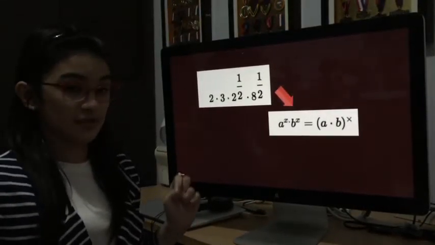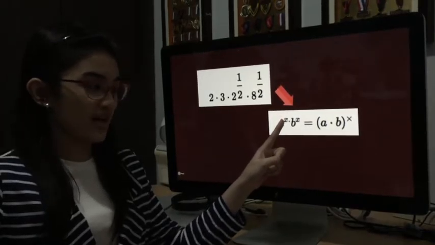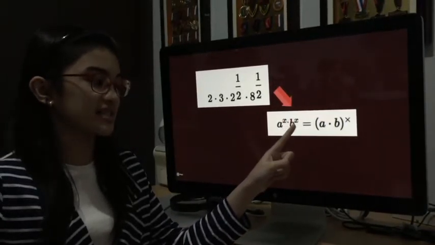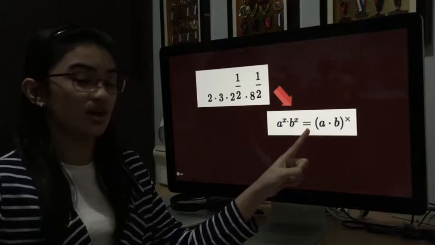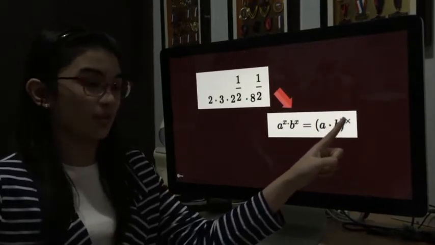Now we must remember this principle. a to the power of x times b to the power of x is equal to the quantity of a times b to the power of x.